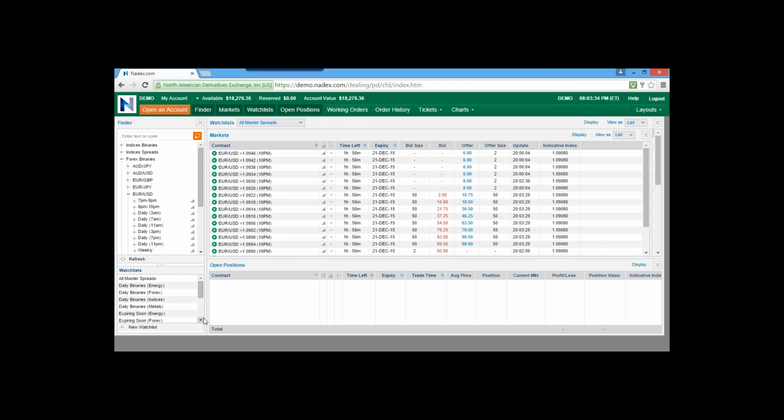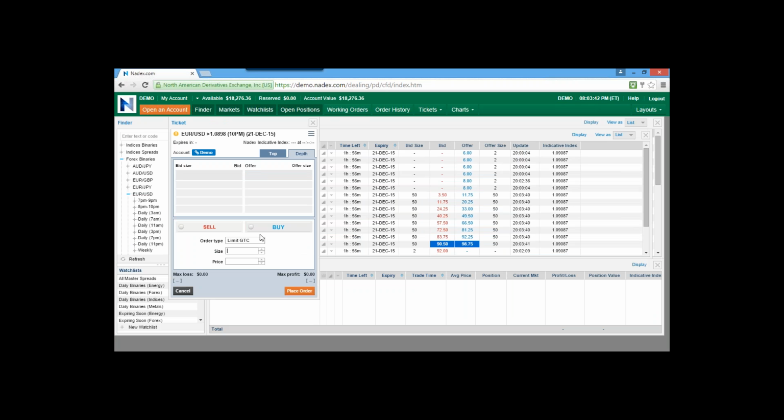Yeah, 0.898. Also look where it's priced at. When I buy it for $92, it's getting close to that $100 mark, right? Why do you think it's priced so close to $100?